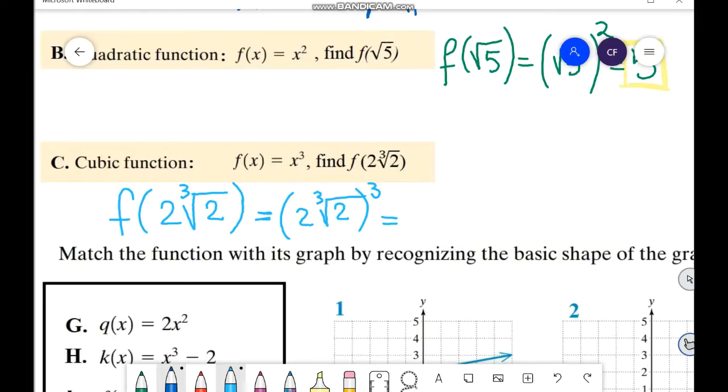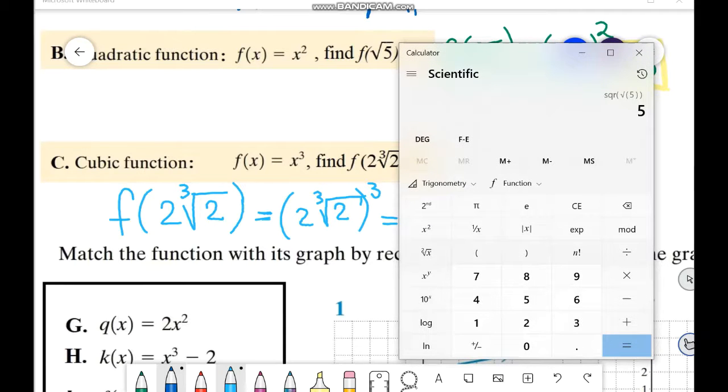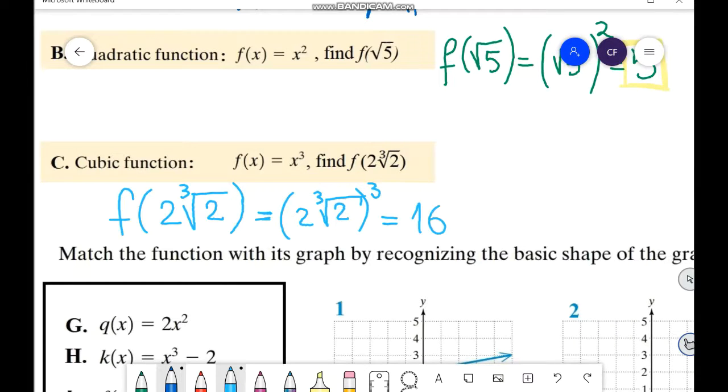We can simplify, there's a way of simplifying it easily, but if you don't know how, bring your calculator. You type 2 cube root of 2, which is 1.2599, then times 2 equals this, and then exponent 3. 16. That means the answer here is 16.